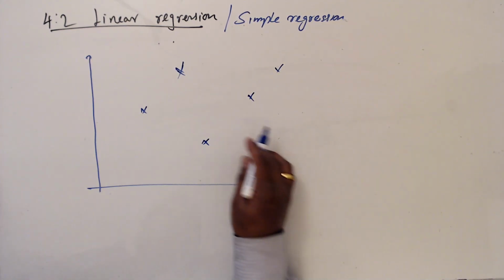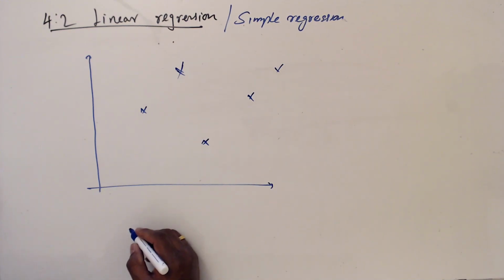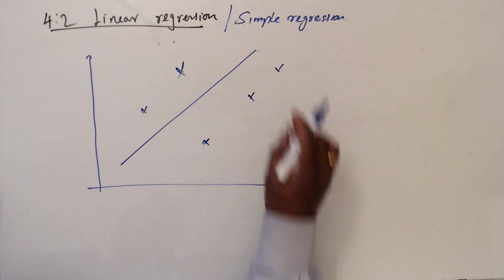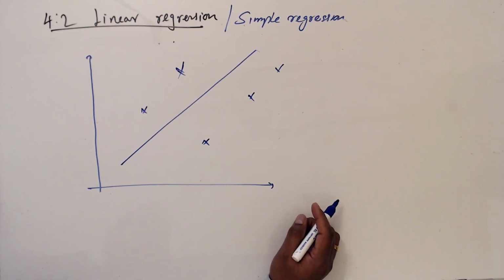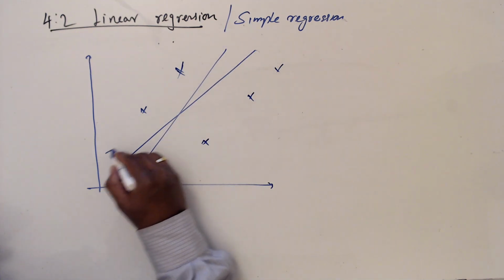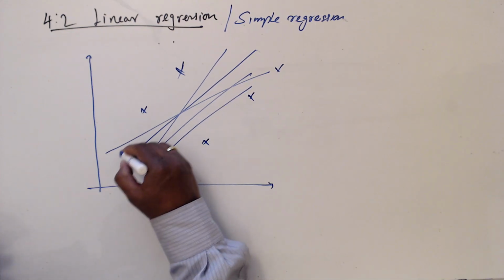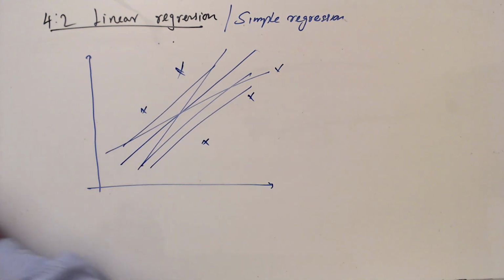We can see that there is a linear relationship, so we are going to represent these points by a line. Then we need to find the best line. We may have different options like this. So what is the best line we can fit to represent those points?